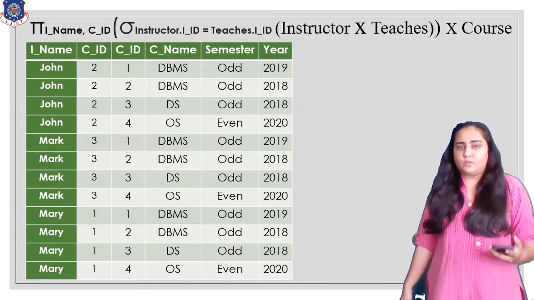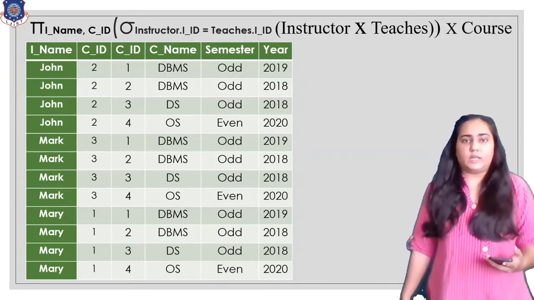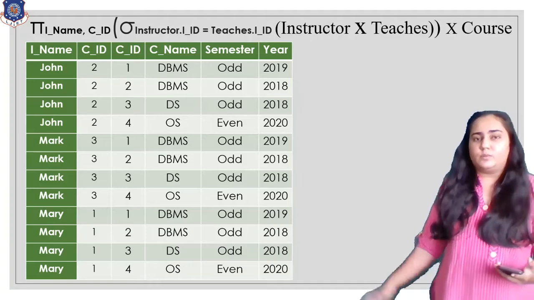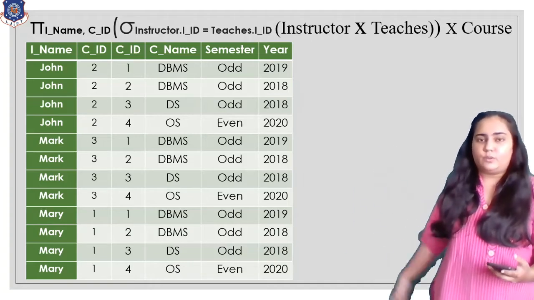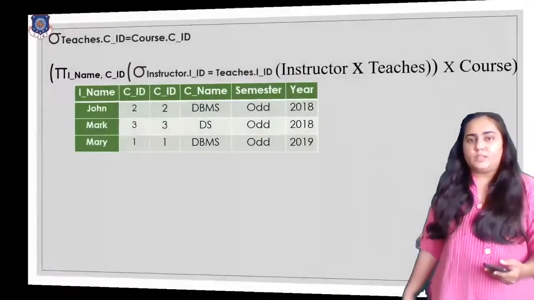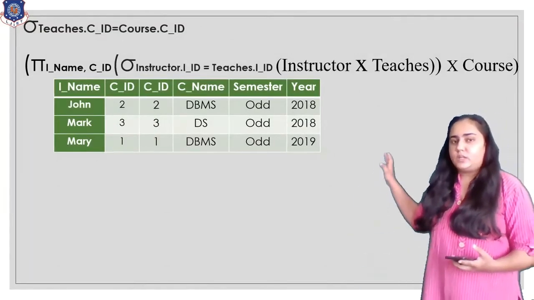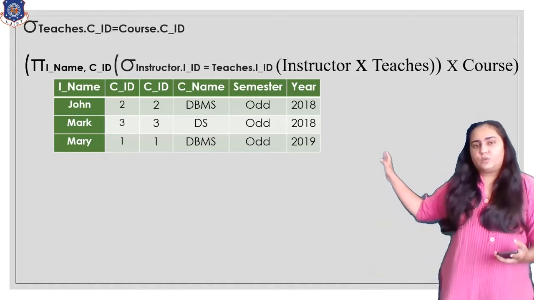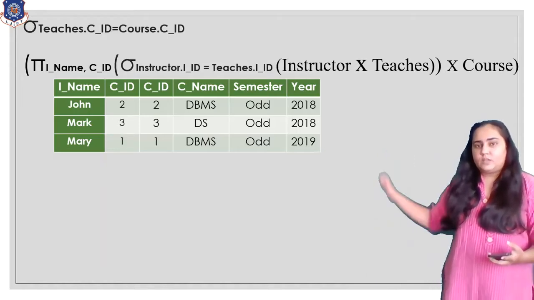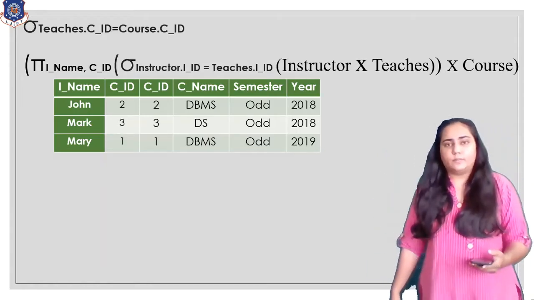And once again, now if I want some useful information, I can compare the common columns, which are CID in both the tables. And once I do that, once I compare those, then this is what I will get. I have C underscore ID coming twice, and you can see both are matching.